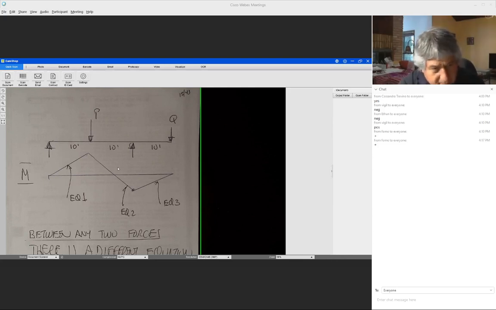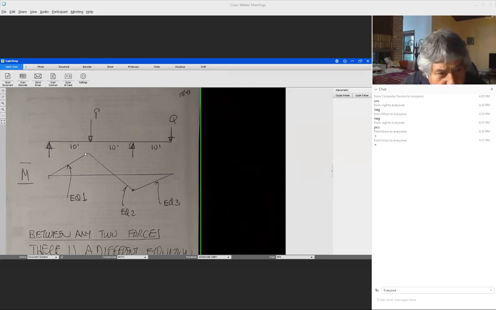So the moment diagram is going to have a straight line between this point and that point. You have a straight line between the load and the support and another straight line. Obviously, there are three equations to describe the change in the moment diagram. Look, this is equation 1, this is equation 2, and this is equation 3.